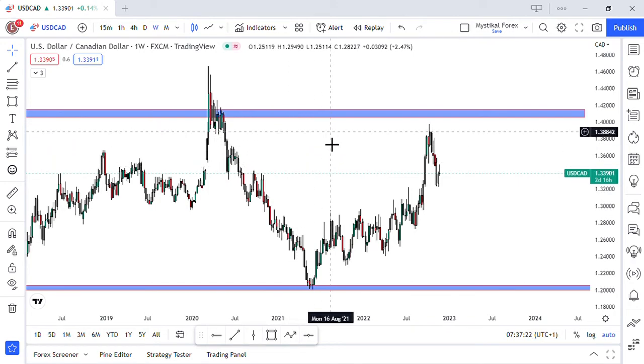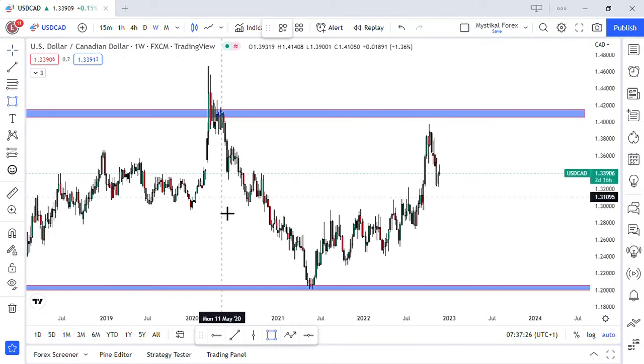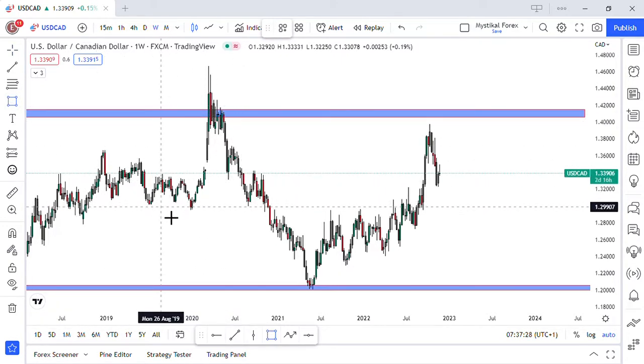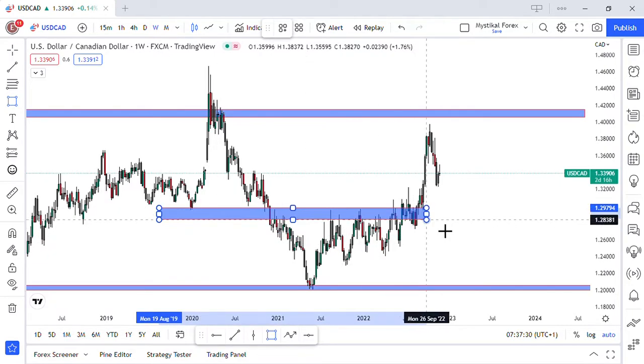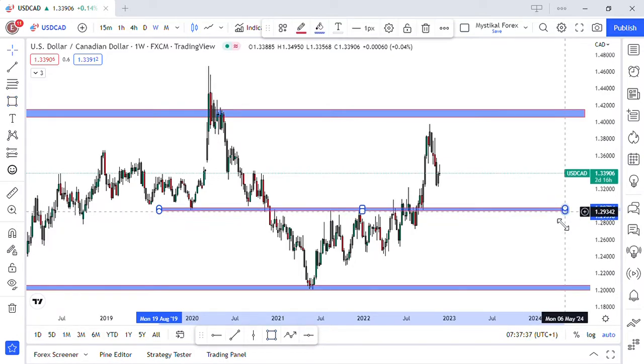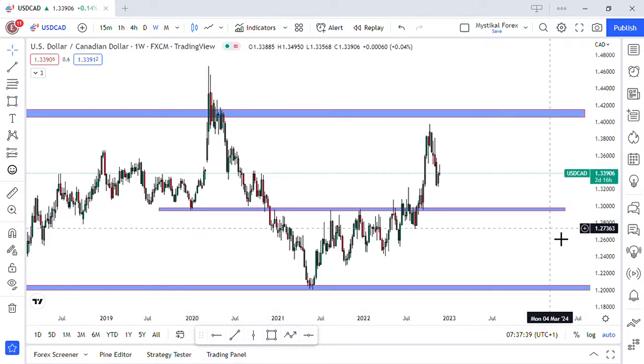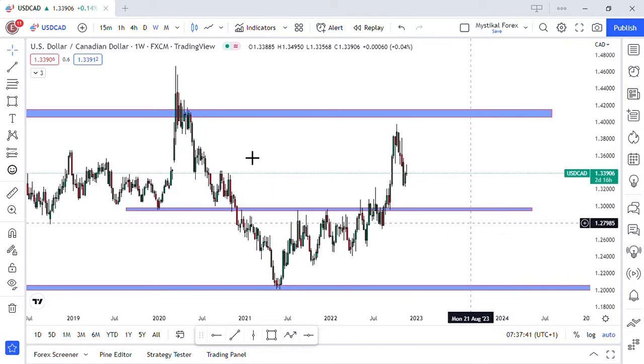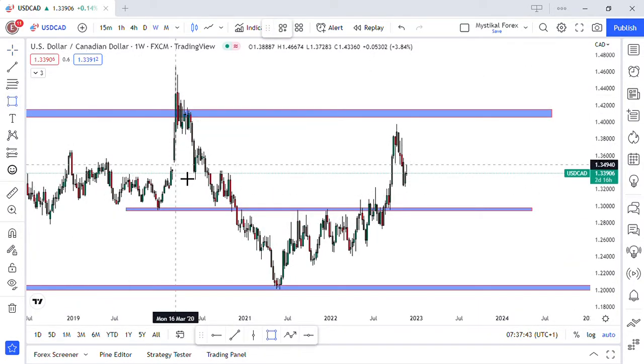Weekly time frame. We can see we have more zones over here. You see, we are marking areas of rejection, areas where price is going to reverse. It's either going to reverse in a small move or reverse in a big move, as we all know.